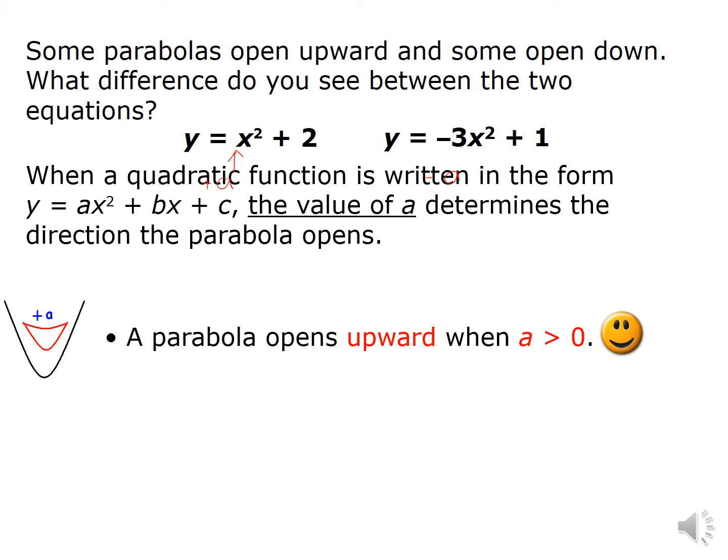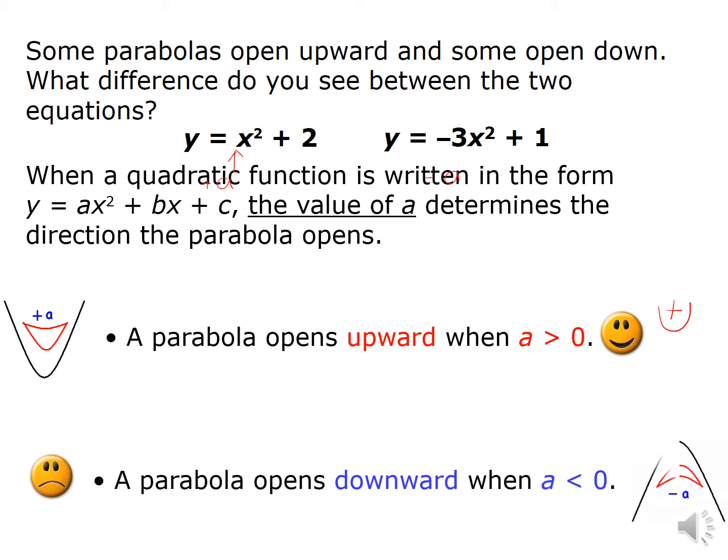A parabola opens upward when a is greater than 0, and I always called it the happy parabola, because it looks like a smile, and it's positive. Positive people are happy people. A parabola opens downward when a is less than 0. So think of a frowny face as negative. Positive a, negative a.